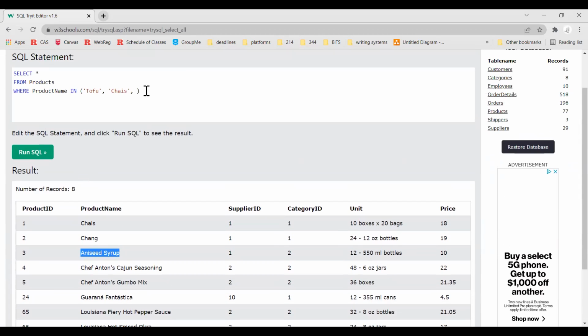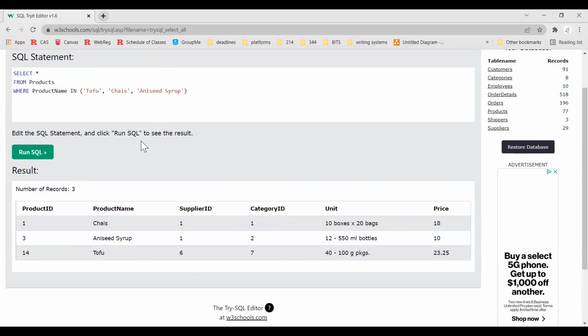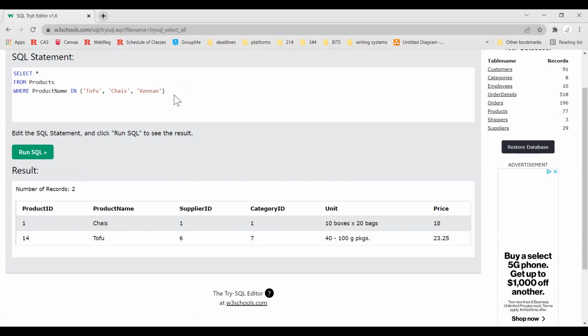Aniseed syrup. All right. Okay, correctly. Yes. Okay. So these 3 are returned. And you can include something that's not in there. So you can see there's no match for this one. Oh, I'm sorry. It should be the new spelling.